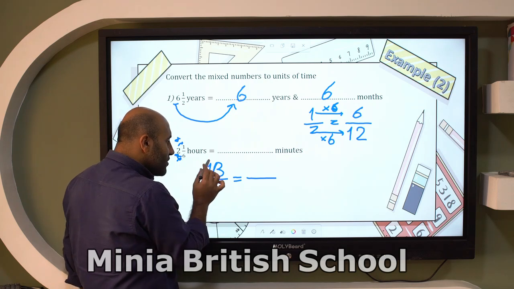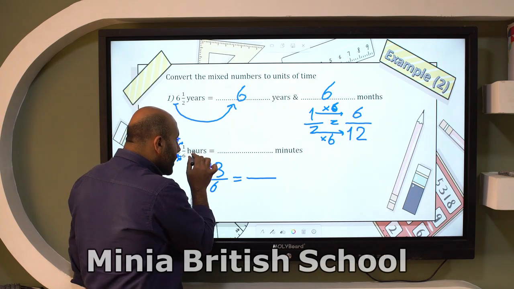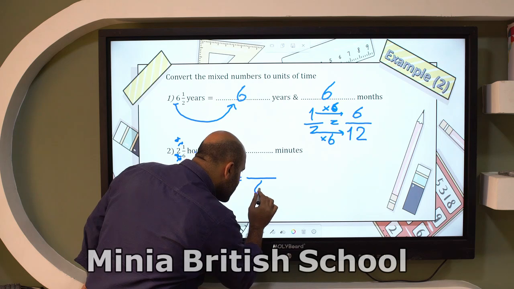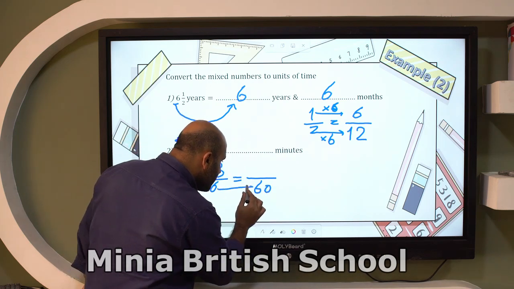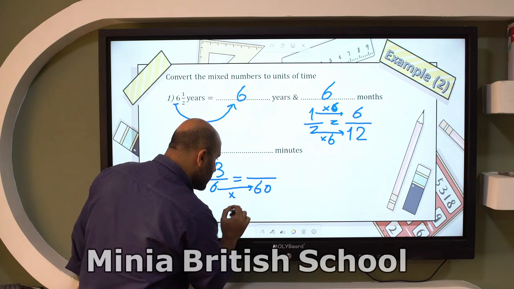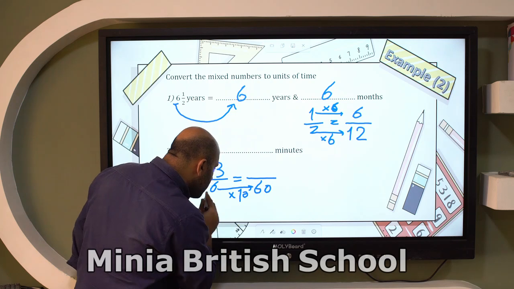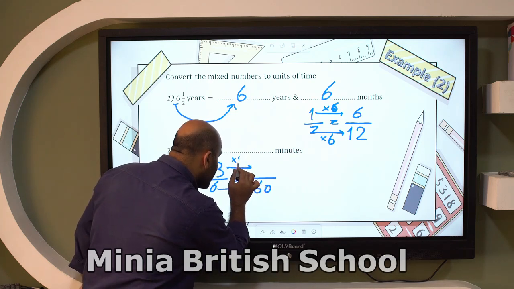We have to find its equivalent. Ask yourself, as we all know, an hour consists of 60 minutes. Then ask yourself, 6 times what gives me 60? You all got it? Times 10. And just like I multiplied the denominator, I will multiply the numerator by 10.